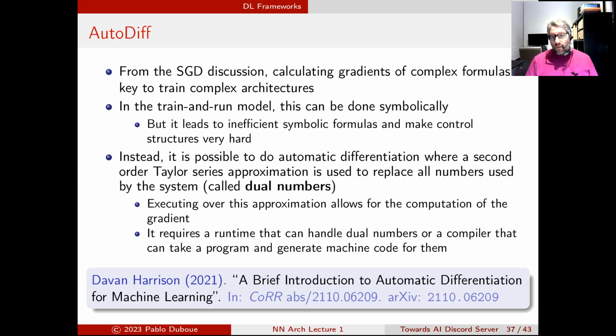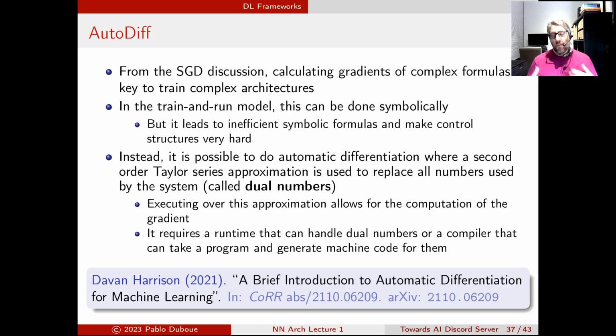Key to these frameworks is the concept of automatic differentiation. From the discussion on stochastic gradient descent, it is clear that calculating gradients of complex formulas is key to training a complex architecture. In the train and run model, we define the whole architecture, and then we can compute these gradients symbolically.